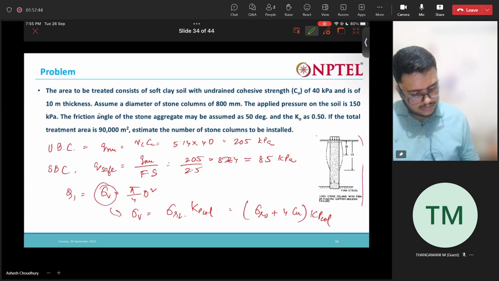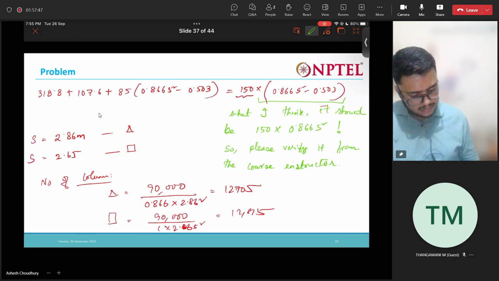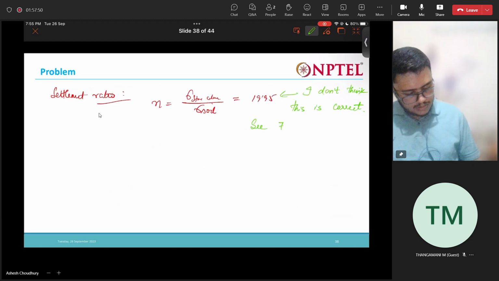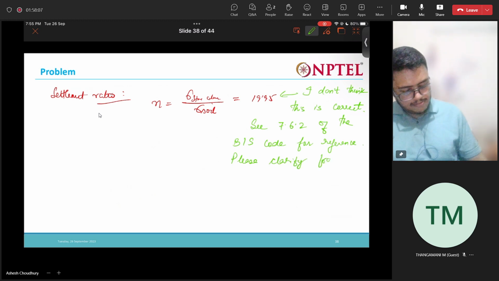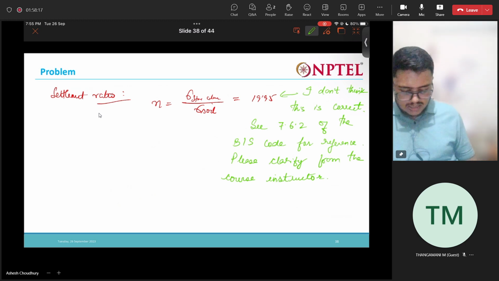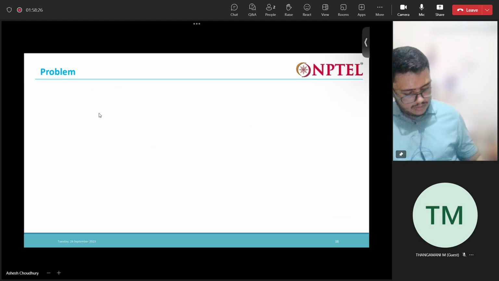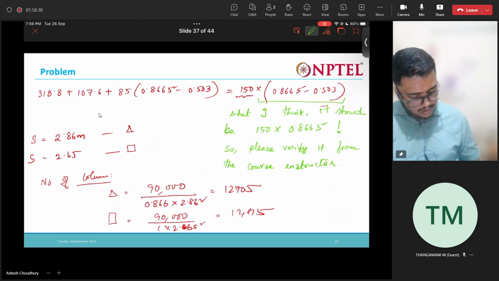2.7.6.2, right? Okay, please verify this from the course. Okay, so this was the ultimate total load carrying capacity.